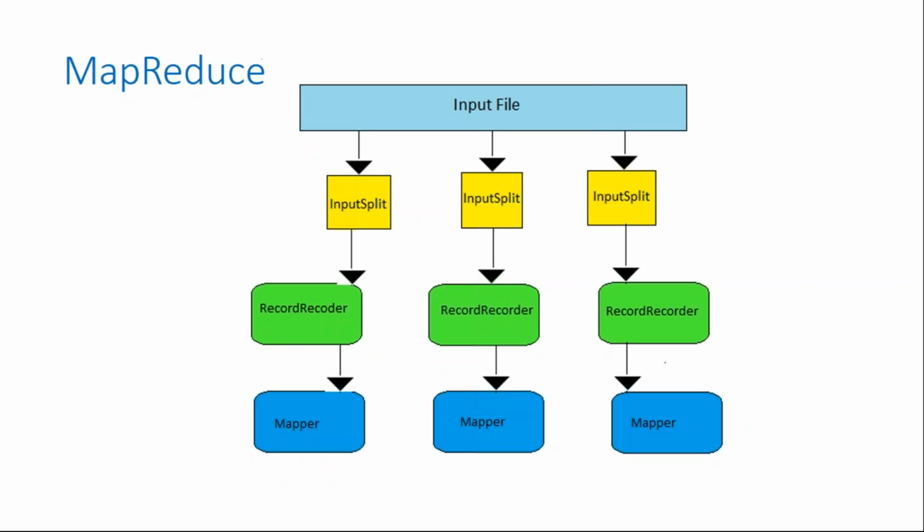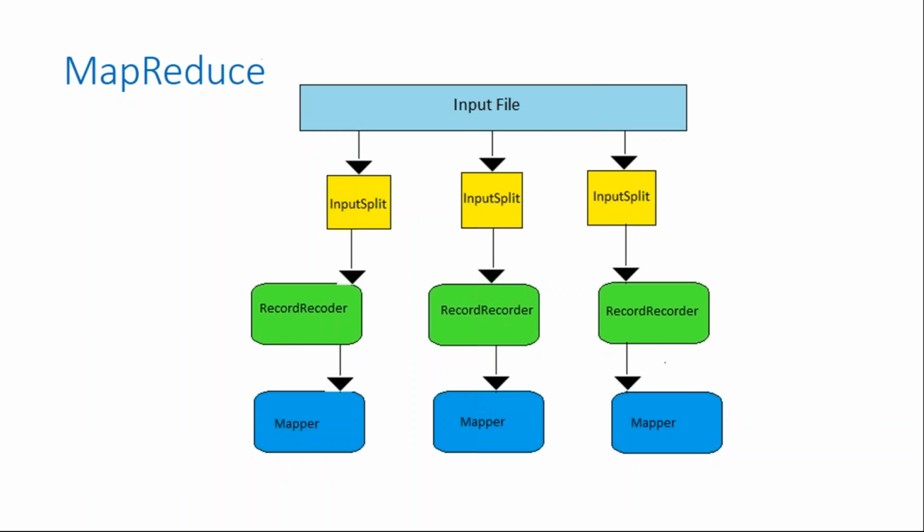Does it make sense? So a file is divided into parts, say here 3 parts. The record reader is a class which is part of this framework, which we use to read the data from a text file, and then that is given as input to the mapper program.